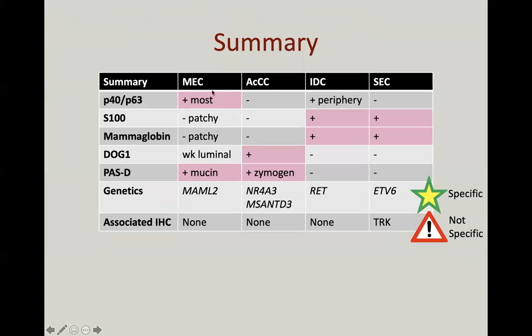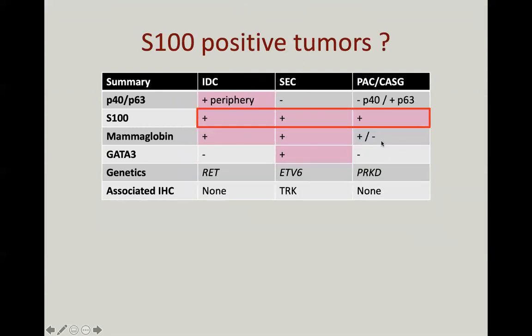Okay, so here's our table summary of those four, including our immunostains, our genetics, and on occasion, the associated IHC. I want to spend 2 seconds talking about tumors that are diffusely S100 and mammaglobin positive. Other tumors that are diffusely and strongly S100 positive, you may remember from before, is our polymorphous cribriform.